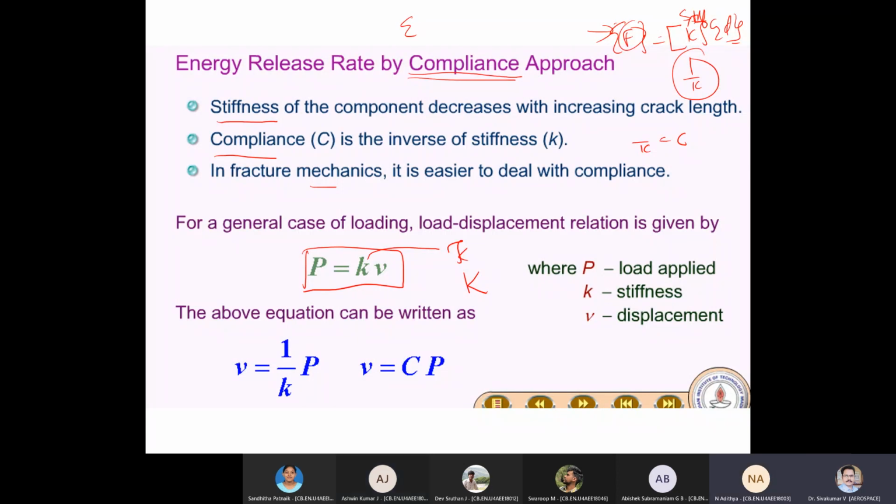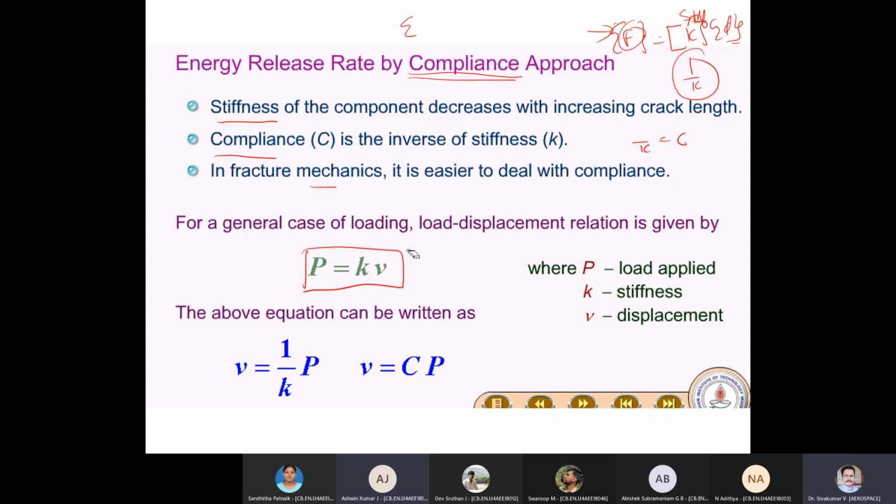Can you extend the terms a little bit? Sir, capital K is the global stiffness matrix, and small k is the local stiffness matrix or element stiffness matrix. Yes, small k is the individual element; capital K is the assembly of the structure, the full stiffness matrix. Got it. Okay.